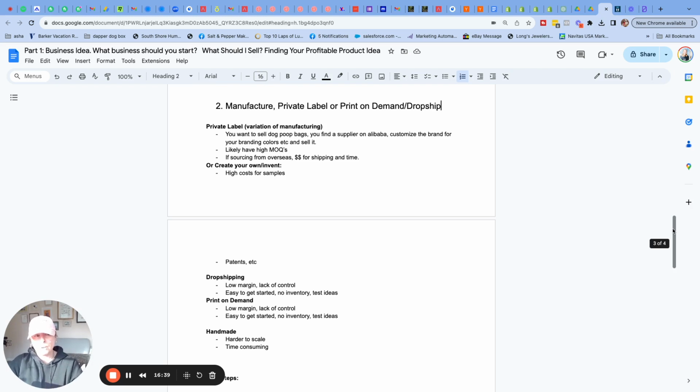So if your goal is to sell in markets or maybe sell in boutiques, handmade is definitely a great business model. And for some of you, that's really the only option. So if that's what you're looking to do, then it is what it is. I would say the negatives of handmade are that it's harder to scale. It doesn't mean that you cannot scale.